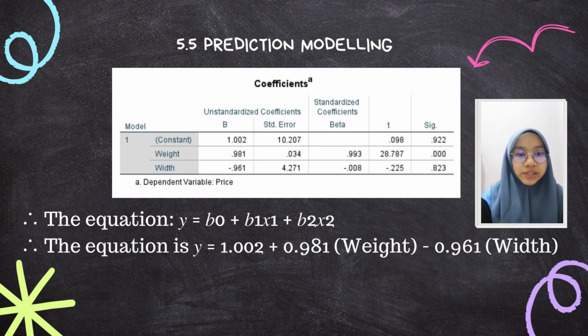So, the equation is y equals 1.002 plus 0.981 minus 0.961. From the multiple linear regression equation, x1 can be weight and x2 can be the width. Thus, for every unit increase in weight, the price of fish will decrease 0.961 while the weight of fish remains unchanged.